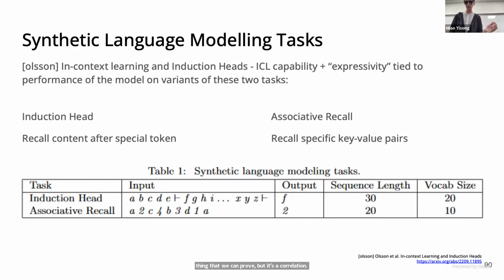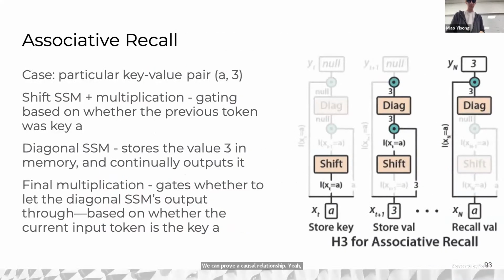If you want to know more, go read the original paper. So the sharp drop in loss at the start of training is correlated with the formation of induction heads, but we can't prove a causal relationship. Very interesting.